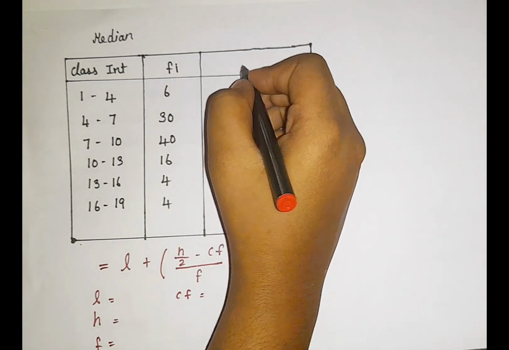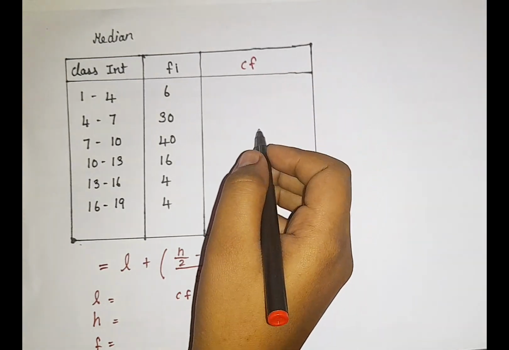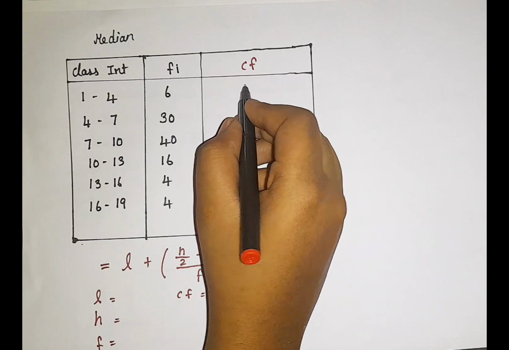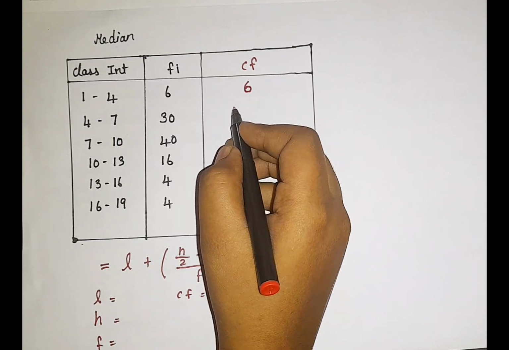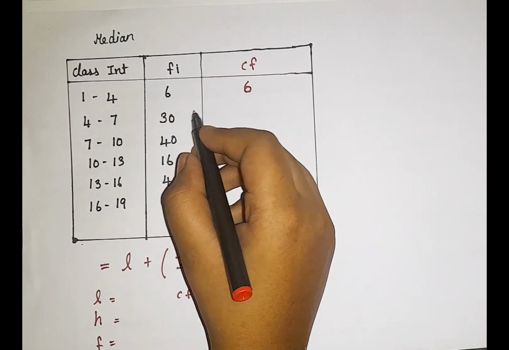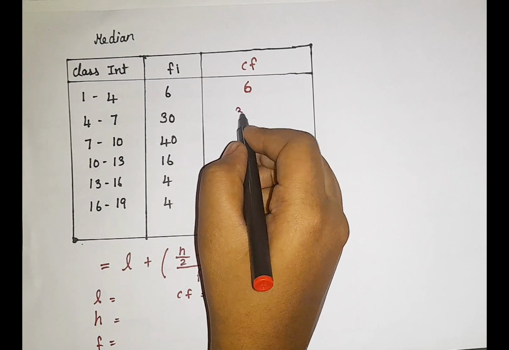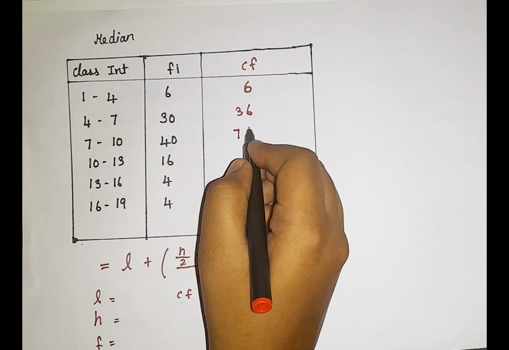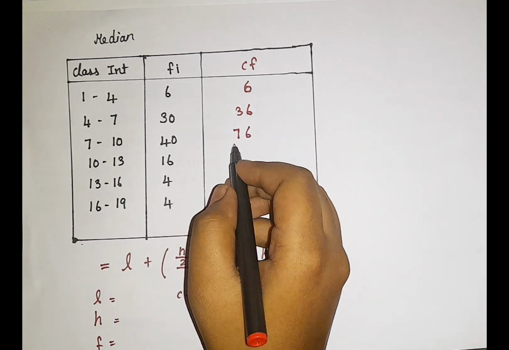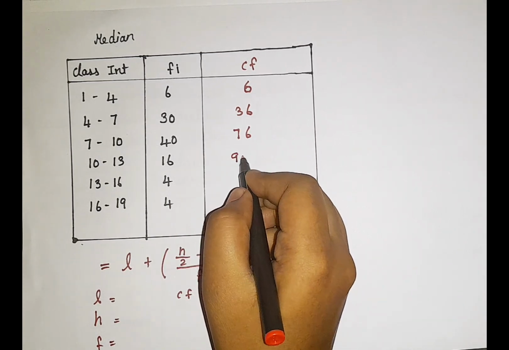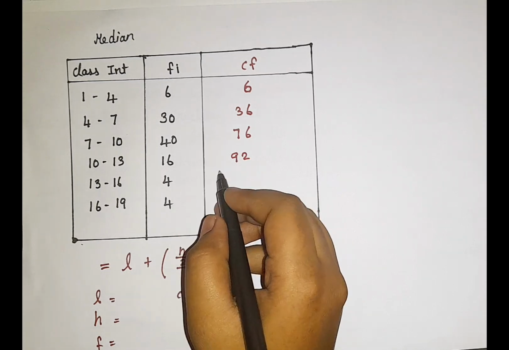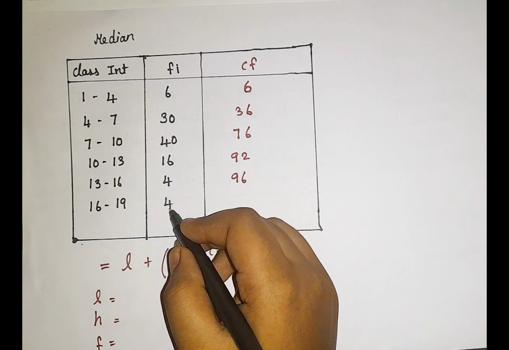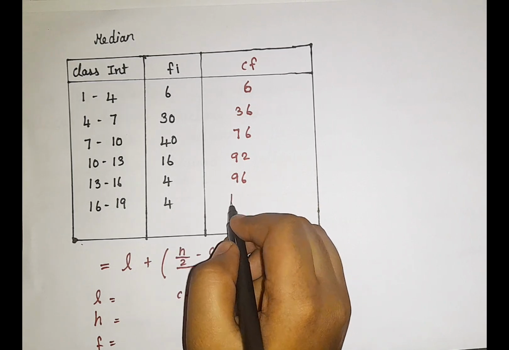So now let us find the CF. To find the CF we have to write the first number as it is. So write this first number as it is, that is 6. Now we shall add: 30 plus 6 is 36, and 40 plus 36 is 76, and 16 plus 76 is 92, and 4 plus 92 is 96, and 4 plus 96 is 100.